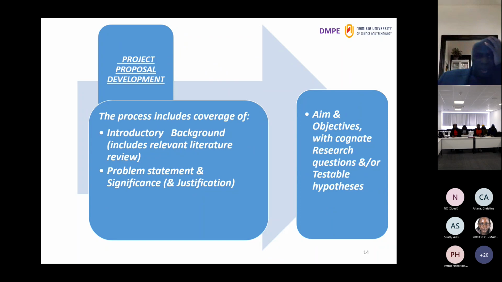Defining in that process the problem statement and the significance and the justification for even spending $1 on that kind of research. And that should lead or feed into the aims and objectives with cognate research questions or testable hypotheses.